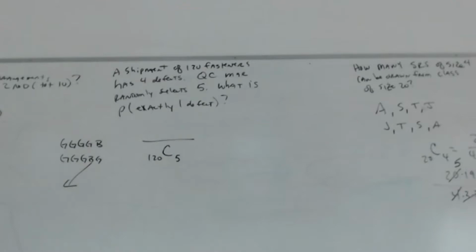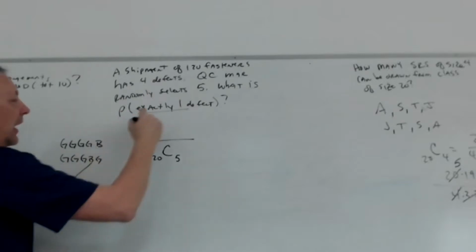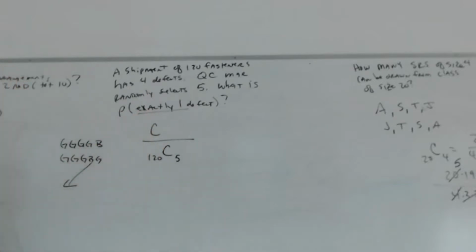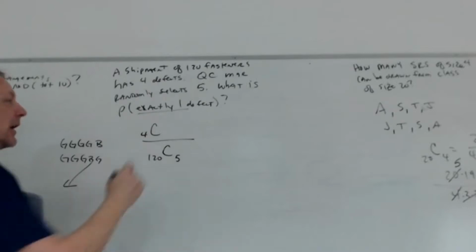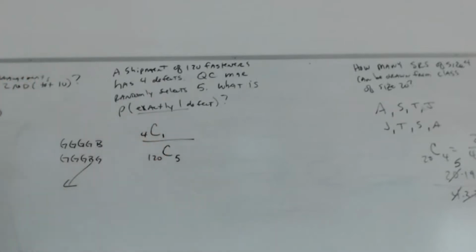Okay, so one way we could think of this is, it says exactly one, right? So I need a combination. How many bad ones are there? There's four bad ones, right? And how many am I picking? I'm picking one. Okay. Now, how many good ones are there?